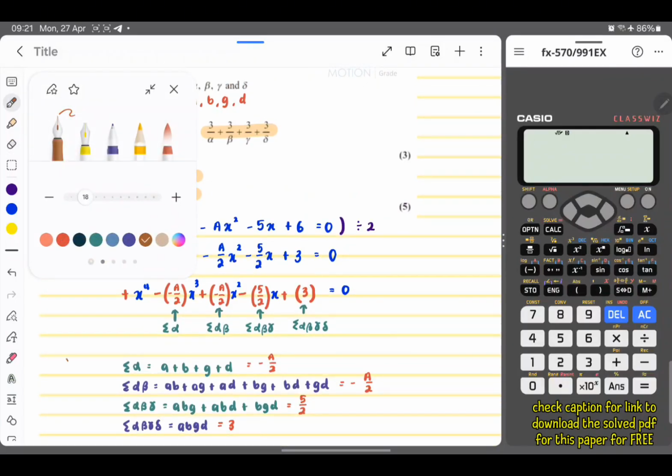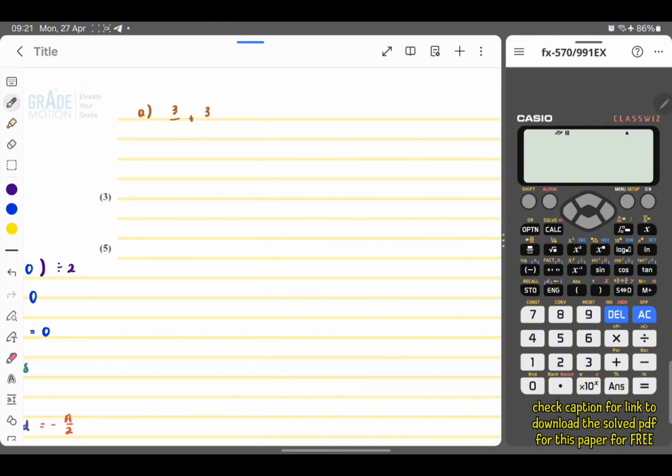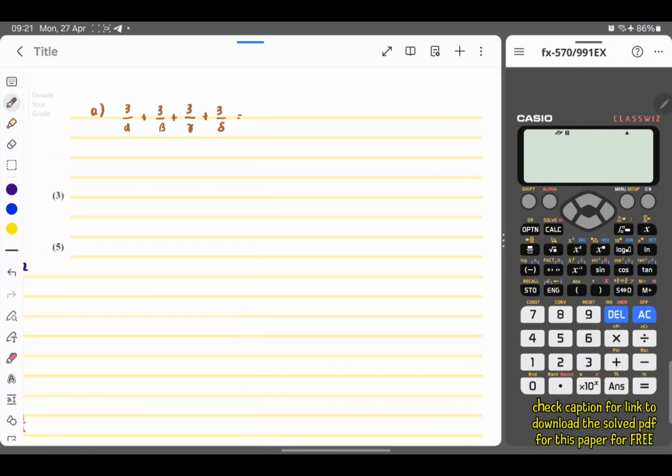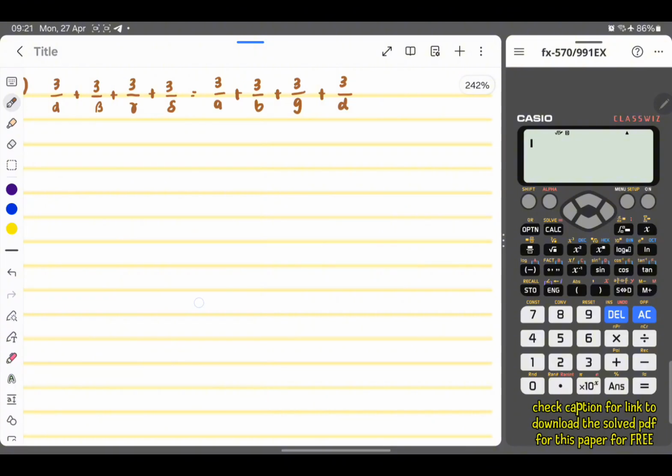For 3a, we want to find the value of 3 over alpha plus 3 over beta plus 3 over gamma plus 3 over delta. So this is equal to 3 over A plus 3 over B plus 3 over G plus 3 over D. Let's combine this. We should make the denominator the same. So 3 over A, I will multiply my denominator and numerator by BGD.